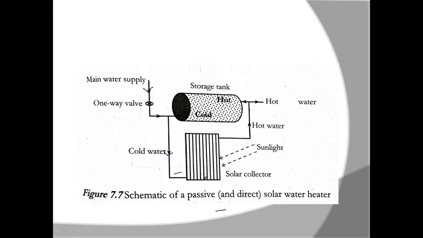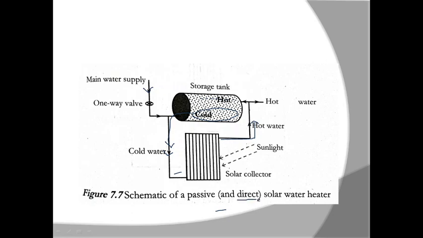We know heated water has less density, so it will rise up through this column back into the tank. Within the tank itself, hot water will occupy the top position and cold water will sink down into the bottom. So the cold water will be taken again down and back up as hot water.